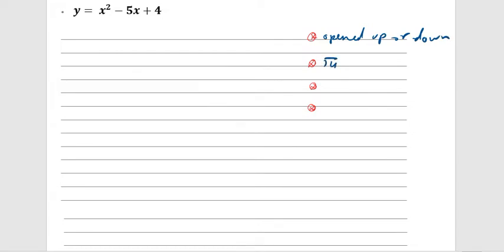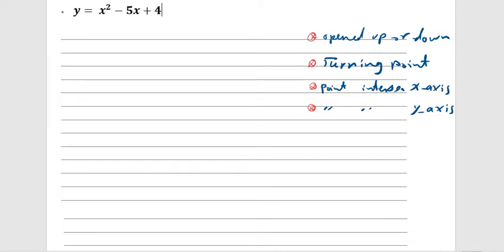Second, the turning point. Third, the points of intersection with the x-axis. Fourth, the points of intersection with the y-axis. And we'll see now how to find each one of them.